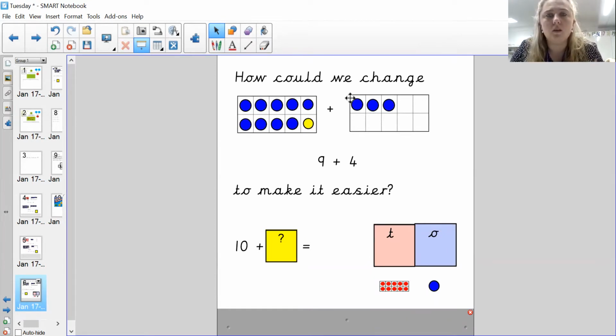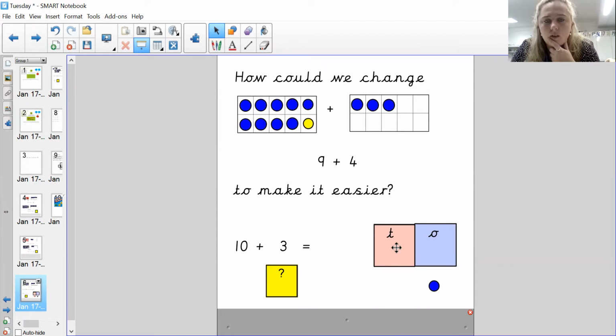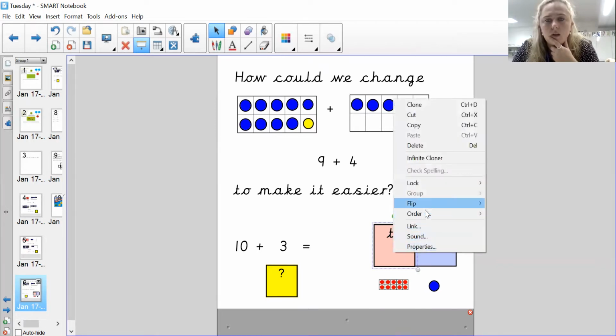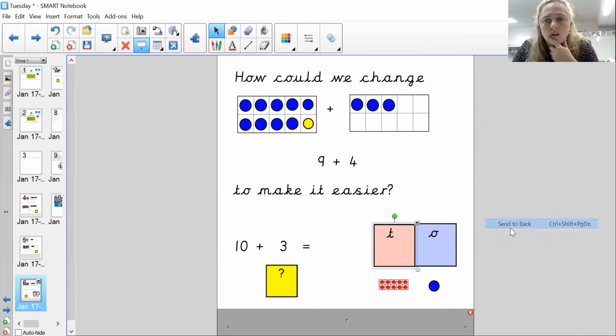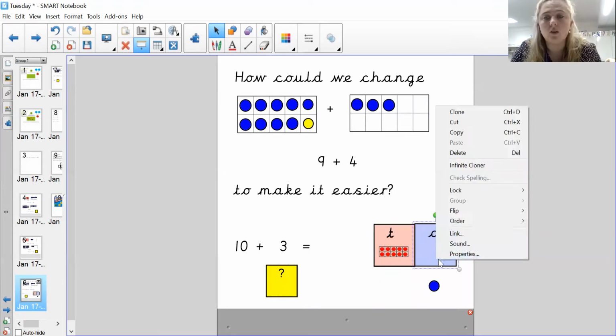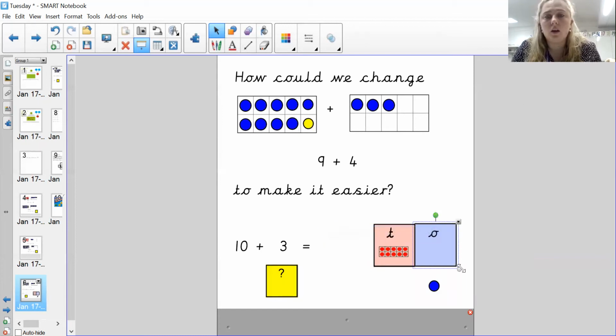10 plus 1, 2, 3. So 9 plus 4 is the same as 10 plus 3. What does 10 plus 3 equal? I've got 1 ten and 3 ones. 1, 2, 3.